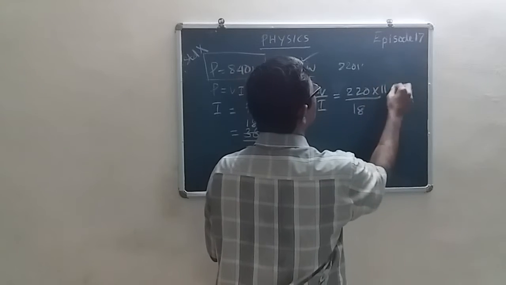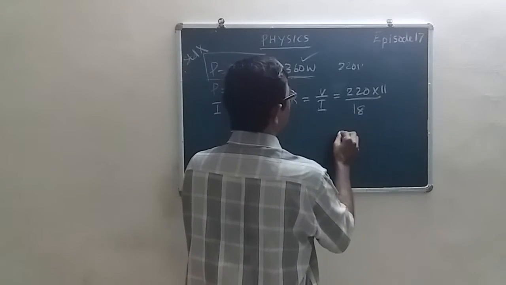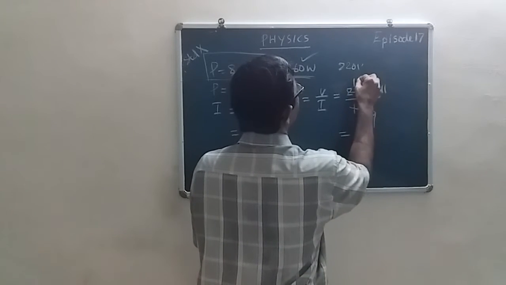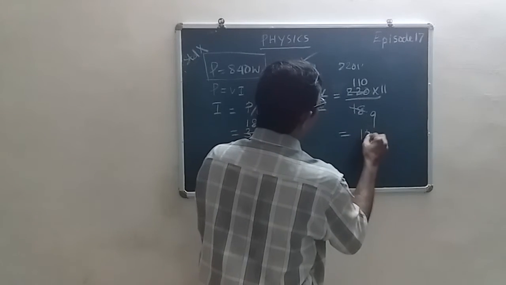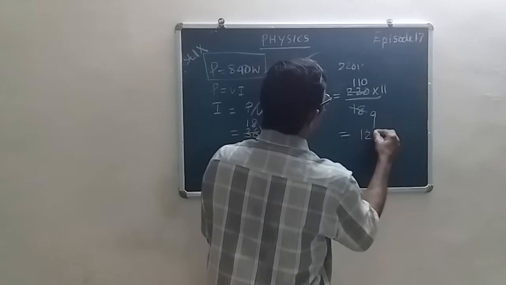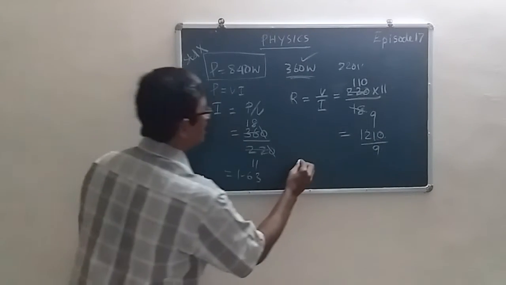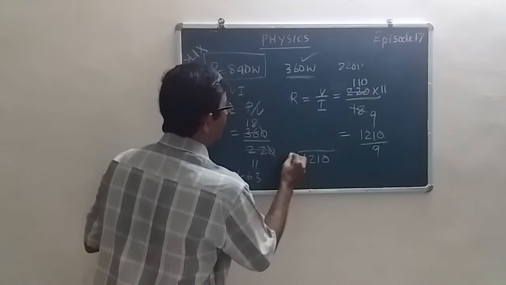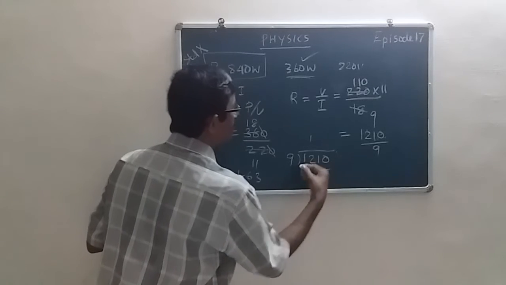This 11 comes up. Then how much will it be? We can cancel with the 2. Here 9. Here 1, 1, 0. 11 times 11, 121. Then put the 0, that divided by 9. Now we can divide. That means 1, 2, 1, 0 divided by 9. 1 times 9, balance 3, 31.